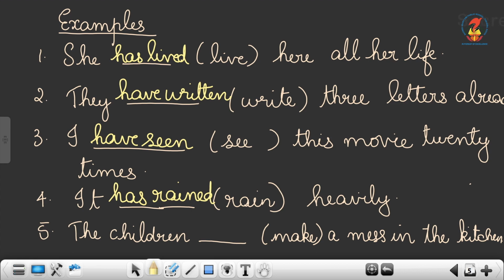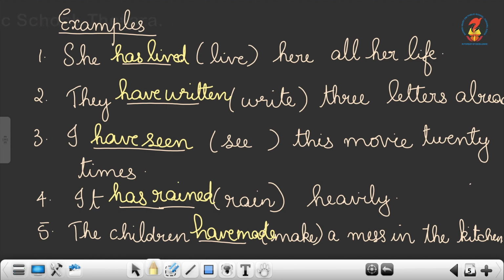Yes, children is the subject. Is children singular or plural? Yes, it is plural. So if the subject is plural, which one do we have to use? Yes, have. So children have. Make, made, made. So it should be have made a mess in the kitchen.